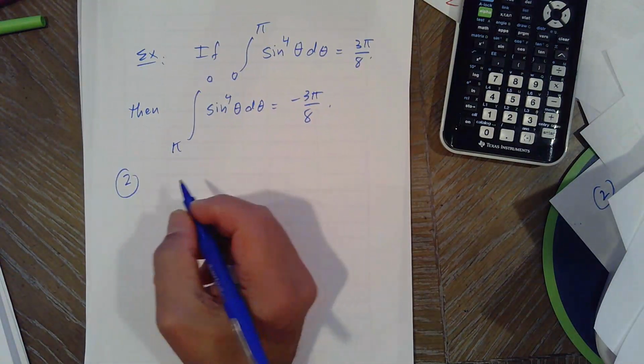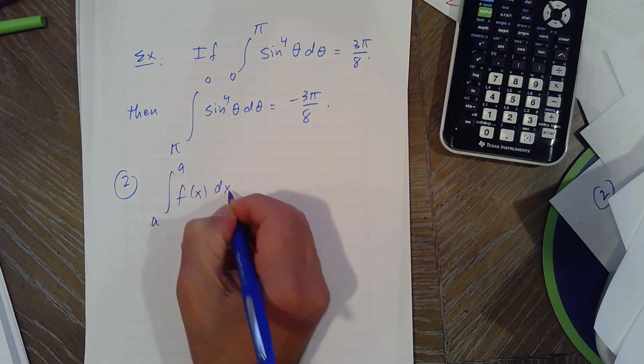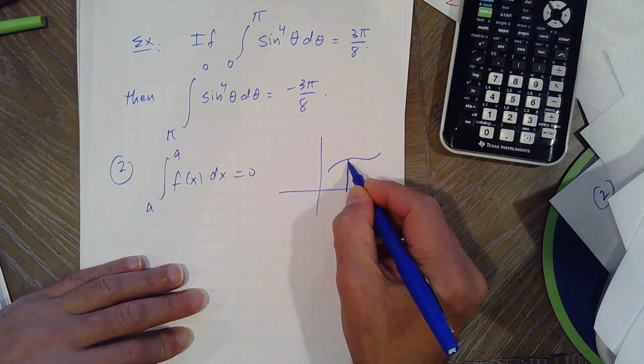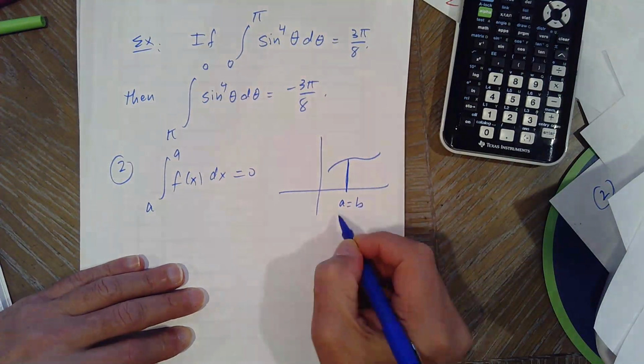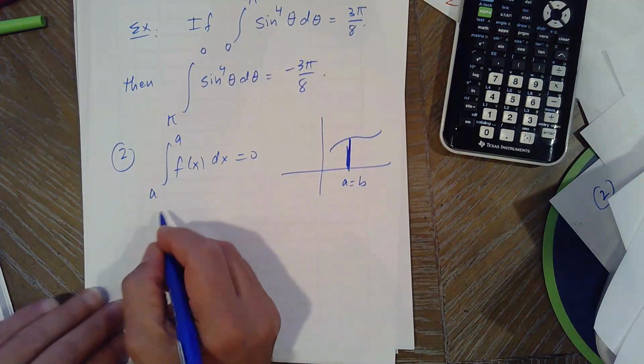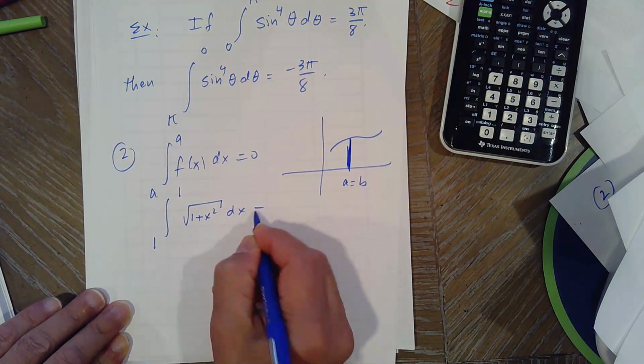The second property: if the lower limit and the upper limit are the same, the answer is 0. Why? Because if a is b, there's no area to find. So the integral from 1 to 1 of square root of 1 plus x squared dx is 0.